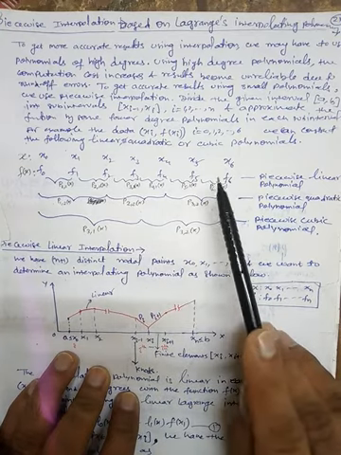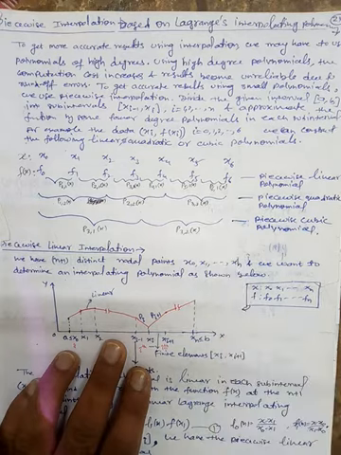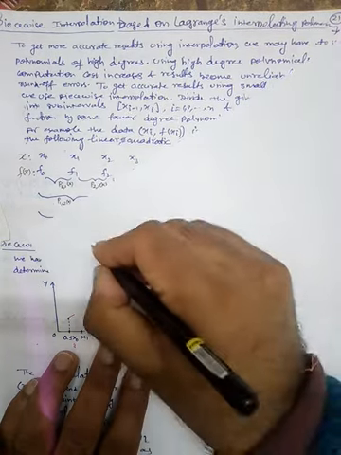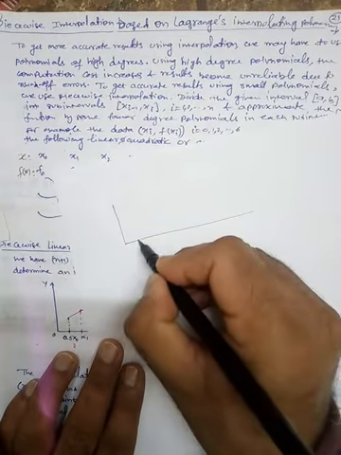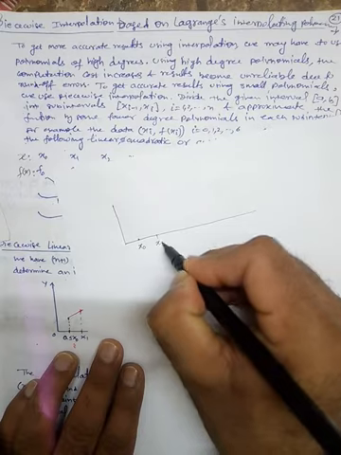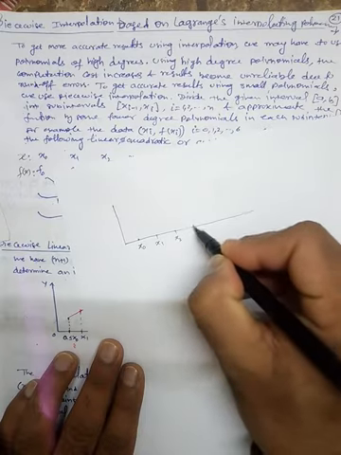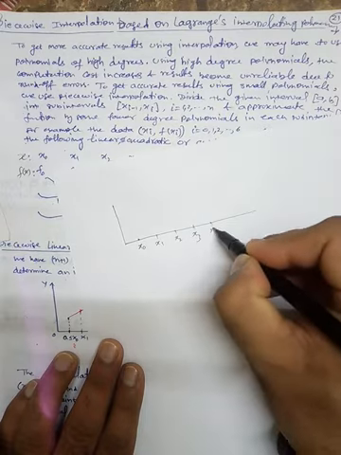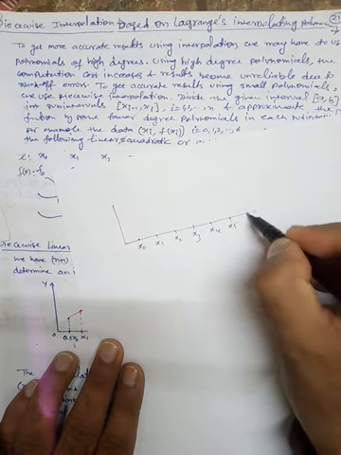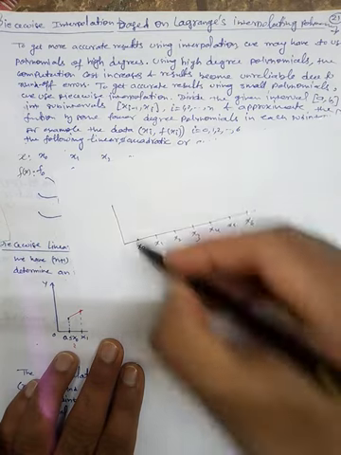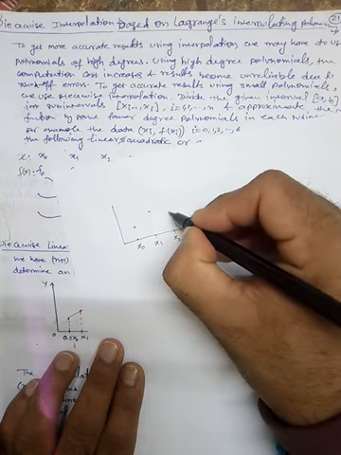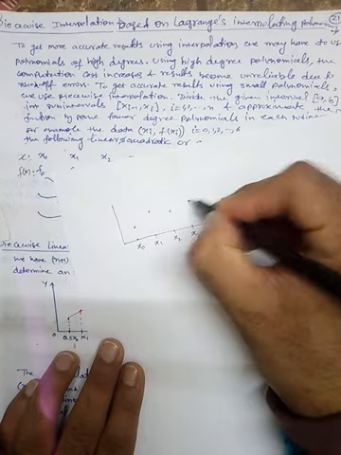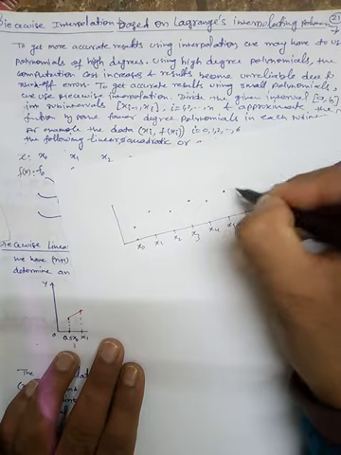Okay, so now graphically we can see that we have this type of data. Here we have x0, x1, x2, x3, x4, x5 and x6, and the corresponding values are f0, f1, f2, f3, f4, f5 and f6.